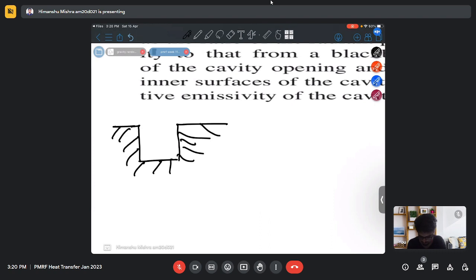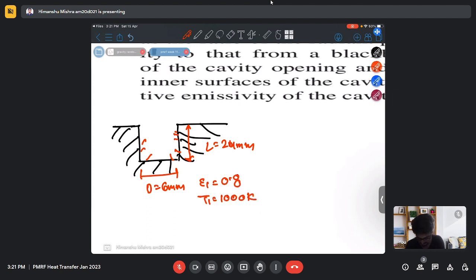We have a surface which is bored till L equals 24 mm, and the diameter of the hole is 6 mm, and the emissivity of these inside surfaces is 0.8 and the temperature is 1000 Kelvin, and we need to find the heat transfer. So let's make an imaginary surface here, and let's say this is my surface 2, and the remaining surfaces are 1.